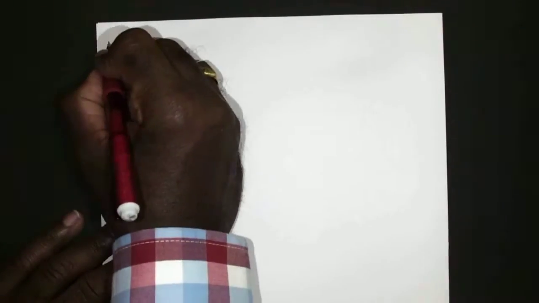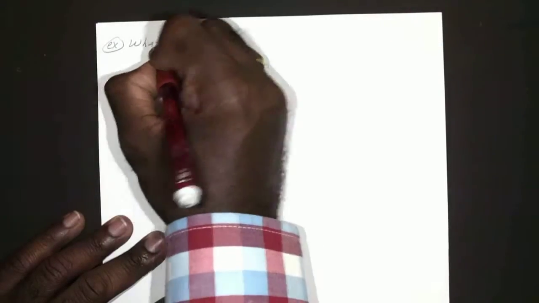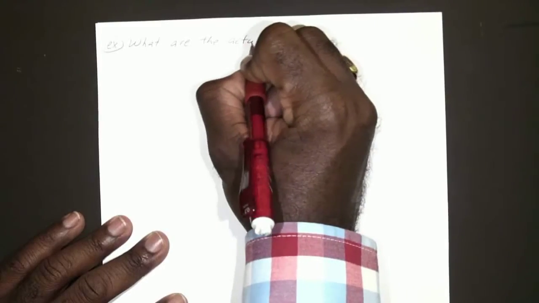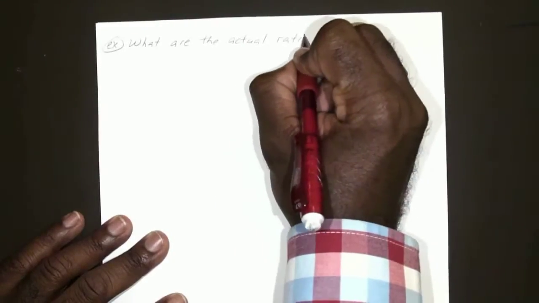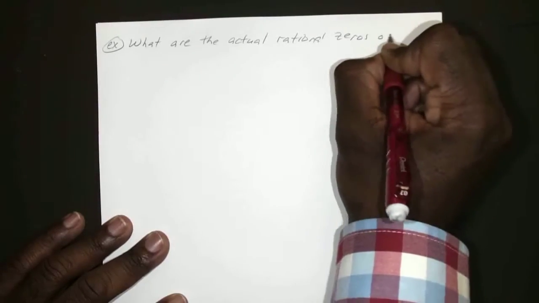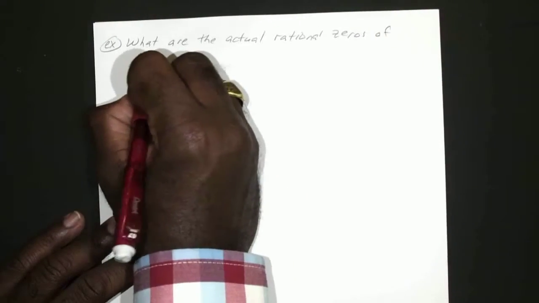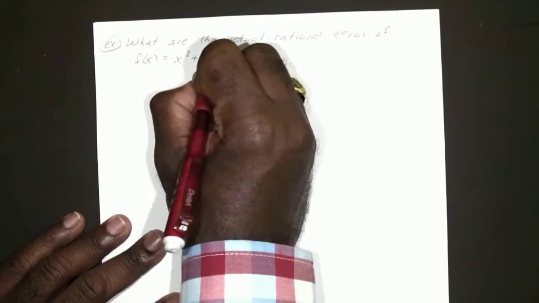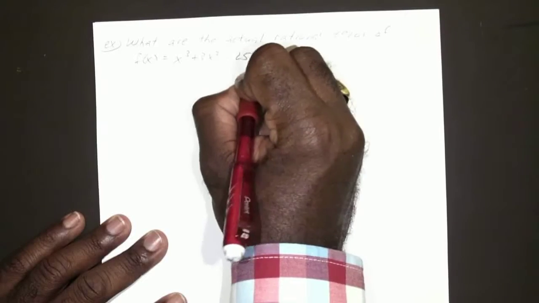Okay, so let's say, for example, what are the actual rational zeros of f of x equals x to the third plus 3x squared minus 25x plus 21.